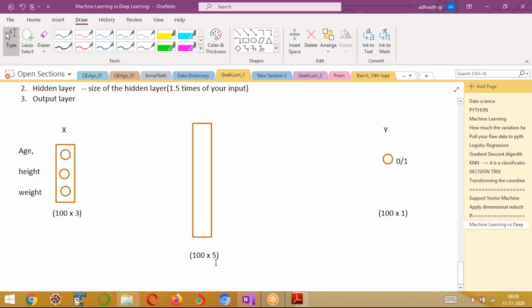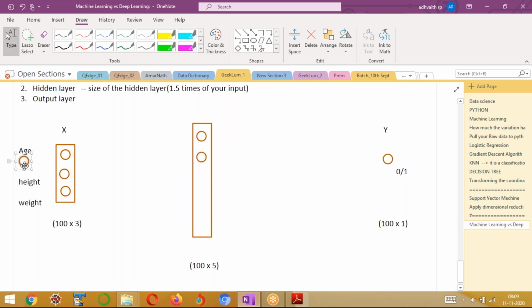So here 5 columns should be there, which means 5 neurons are to be placed. So what happens in between?